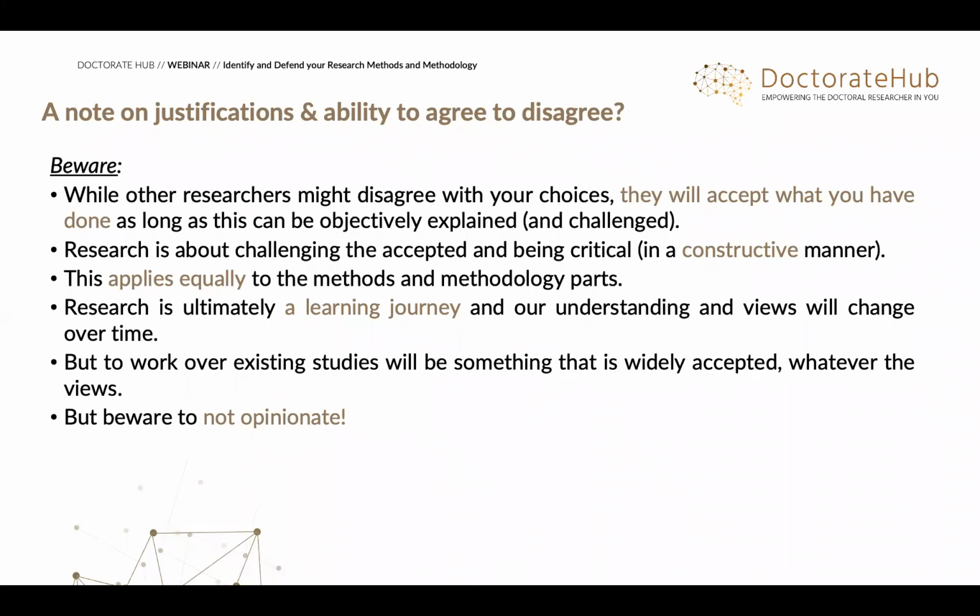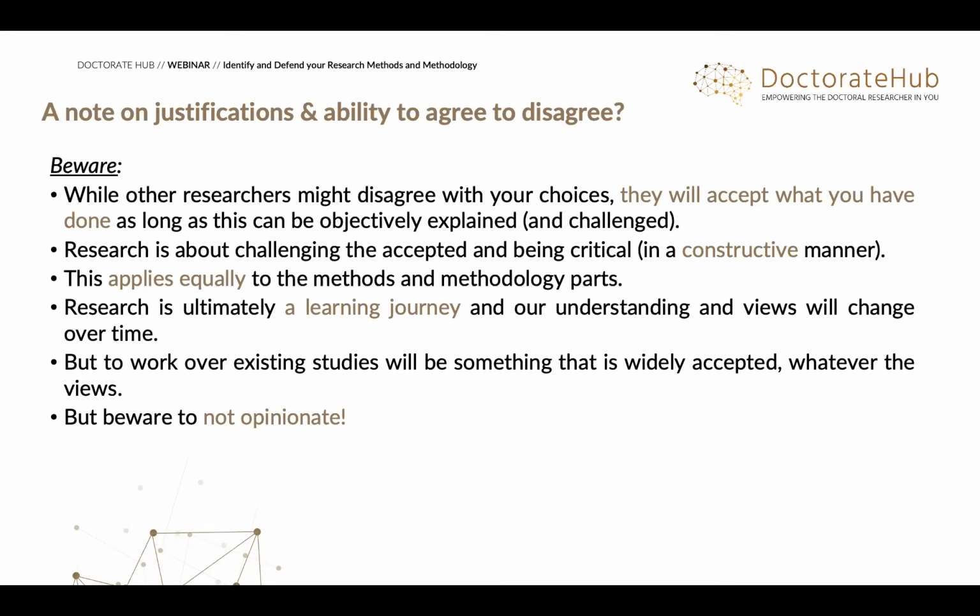And as we talk about justifications here, it's very important to come back to verbalizing: working out things clearly is important, because that will allow you and others to disagree on choices, but still they might be acceptable as long as they can be objectively explained and, as importantly, or perhaps more importantly, challenged.